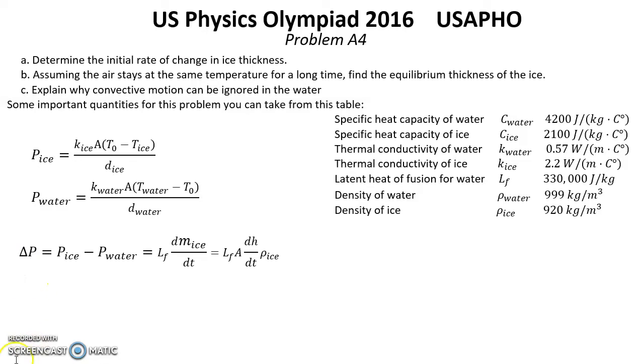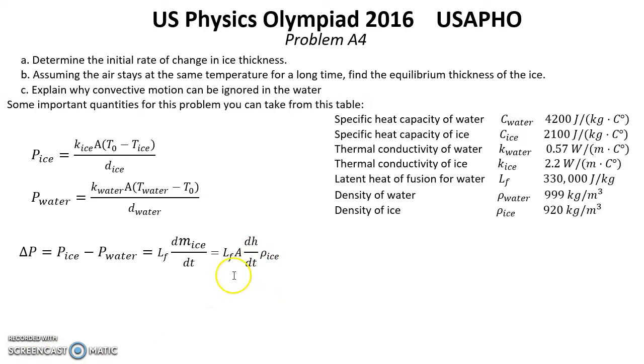Now we can calculate the power difference, which will convert to latent heat of fusion for water. That will be delta P equal P ice minus P water, and that must be equal to the latent heat of fusion for water multiplied by the rate of change of the mass of water to ice, which is L_F multiplied by cross-sectional area multiplied by the rate of change of ice growth multiplied by rho ice.